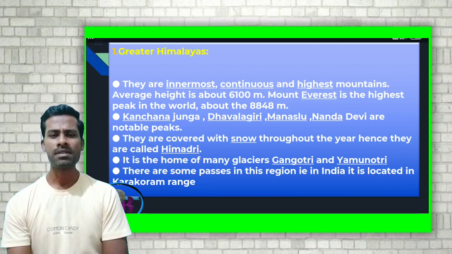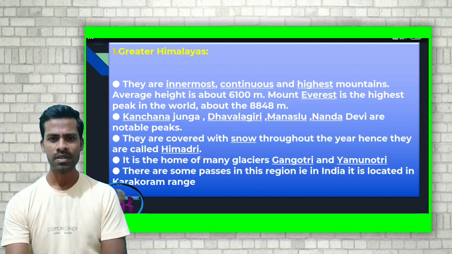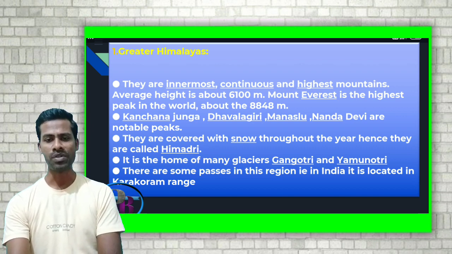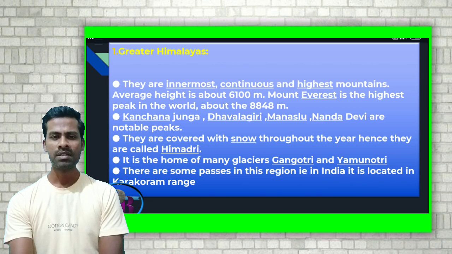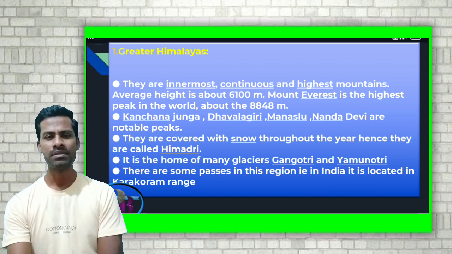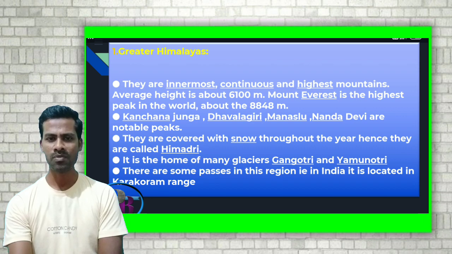So first let's have details about the Greater Himalaya. Greater Himalaya is nothing but the innermost, continuous, highest mountains. These are the best words to describe the Greater Himalaya: innermost, highest, and continuous.